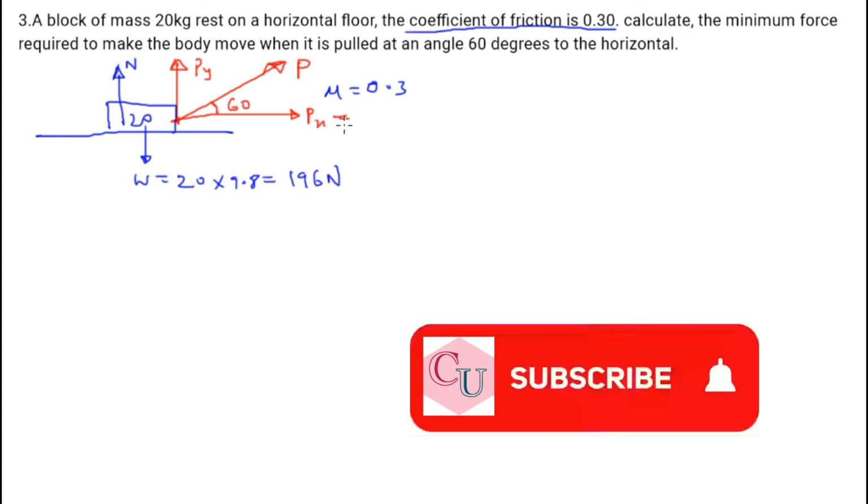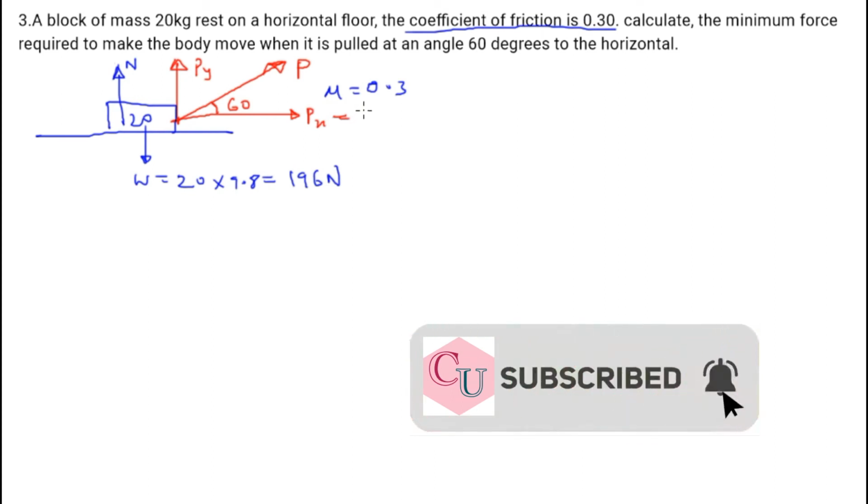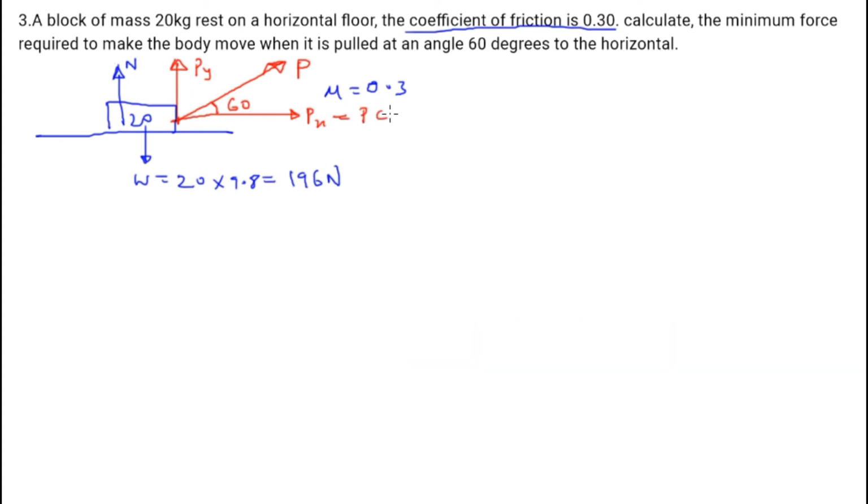If I resolve it to Px, just like what I did in example 1, I'll have P cos 60 degrees, and then Py will be equal to P sine 60 degrees. So if the object is meant to move in this direction due to the pulling by force P, then there must be a frictional force that will oppose the motion of the object, which is Fr.